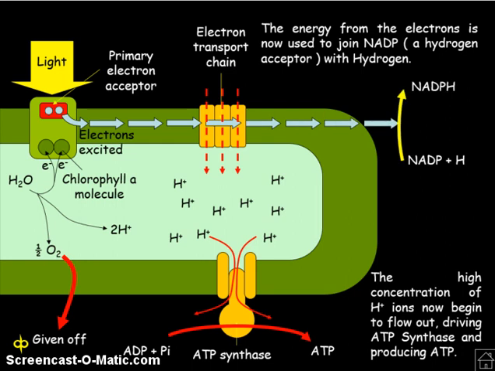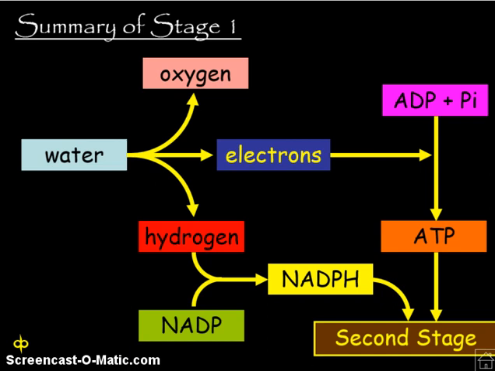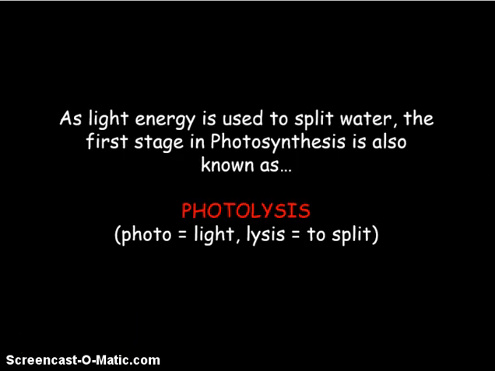The energy from the electrons is now used to join NADP, a hydrogen acceptor, with hydrogen to form NADPH. And here is a summary of stage one. As light energy is used to split water, the first stage in photosynthesis is also known as photolysis.